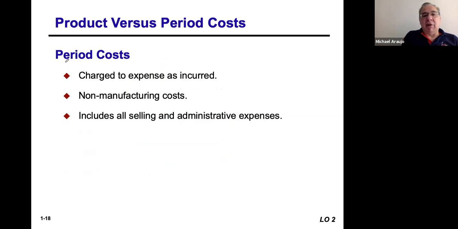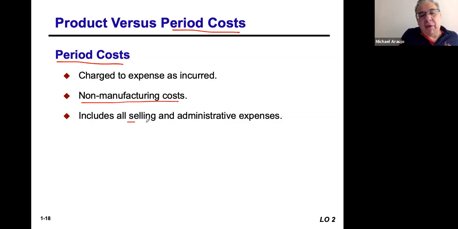The other types of costs are called period costs. Period costs basically are not product costs in a nutshell. They're everything else to do with non-manufacturing costs. And what is that?